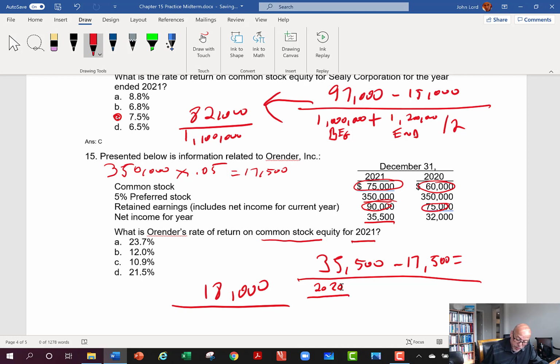For 2020, we're going to have to do 60,000 plus 75,000, right? And then we would have to add that to the 2021 amounts for those two, the common stock and the retained earnings, which for 2021 is going to be 75,000 and 90,000.